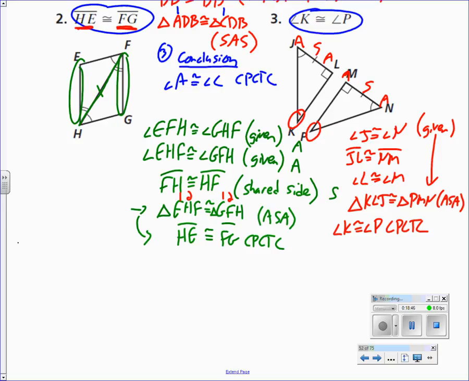There's one other way we could have also done this proof. It's actually just a little bit quicker, and we'll go through that real quick. Since we see we already have two angles in each triangle, we know the third angle has to be the same because all three have to add up to 180. So this is version 2, we could start with angle J congruent to angle N, angle L congruent to angle M, and these are both given.